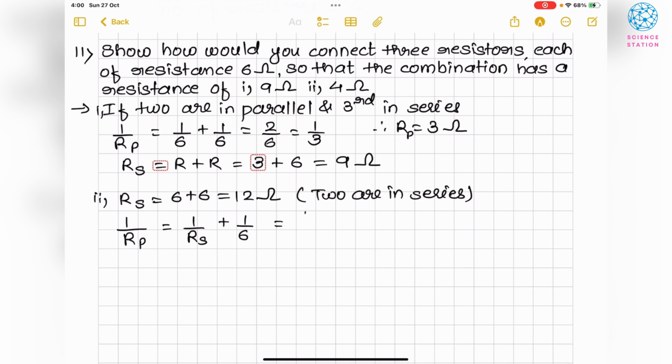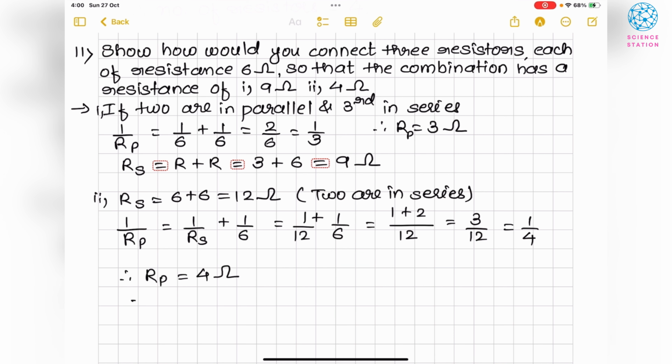So this will be 1 upon 12 plus 1 upon 6. So that will be LCM will be 12. So 1 plus 2, so 3 by 12. So that will be 1 by 4. So therefore Rp equal to 4 ohms. So therefore 2 are in series and 1 in parallel are connected.